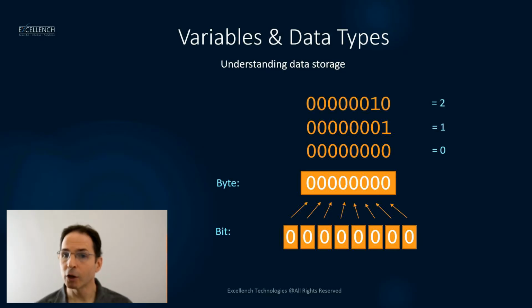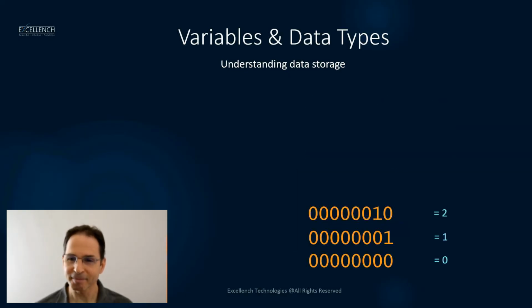If we turn on just the second bit from the right, we define that byte to represent the number 2. Are you thinking about the number 3? Do you have any guess? Well, we already know how we define 0, 1, and 2 to be represented by a byte.